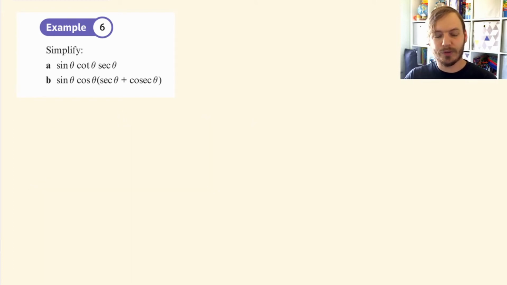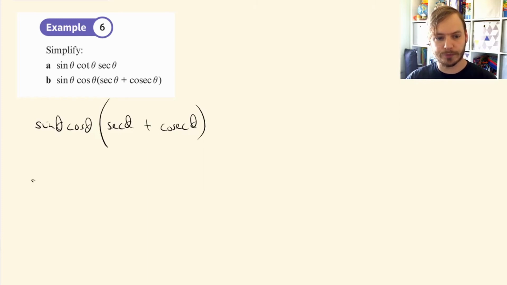The second example, a little more involved. So now I have sine theta cos theta multiplied by sec theta plus cosec theta. So we'll start it the same way. We'll get rid of the sec and the cosec and rewrite them with the normal trig functions.